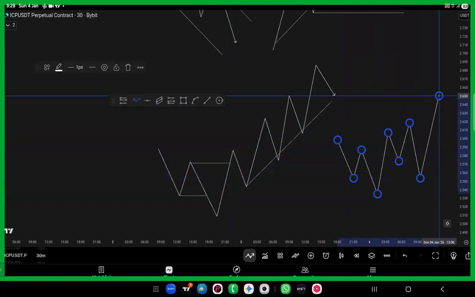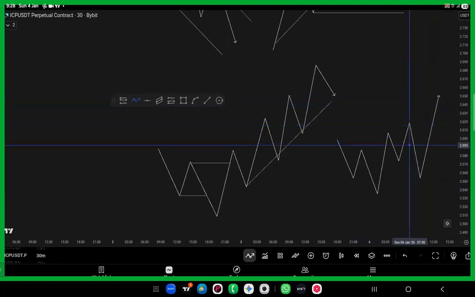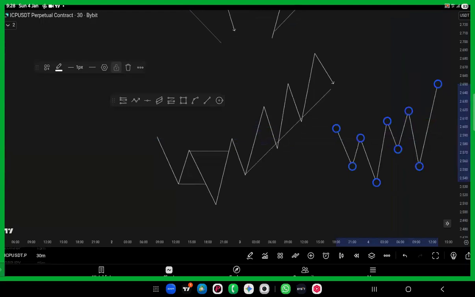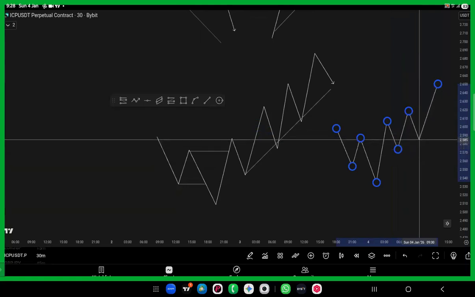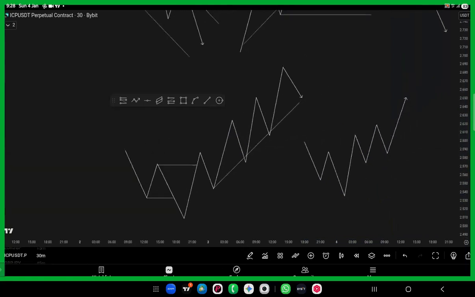But price has failed to do so. What did price do? Instead, it reacted from the inducement, reacted from here and continued to the upside.